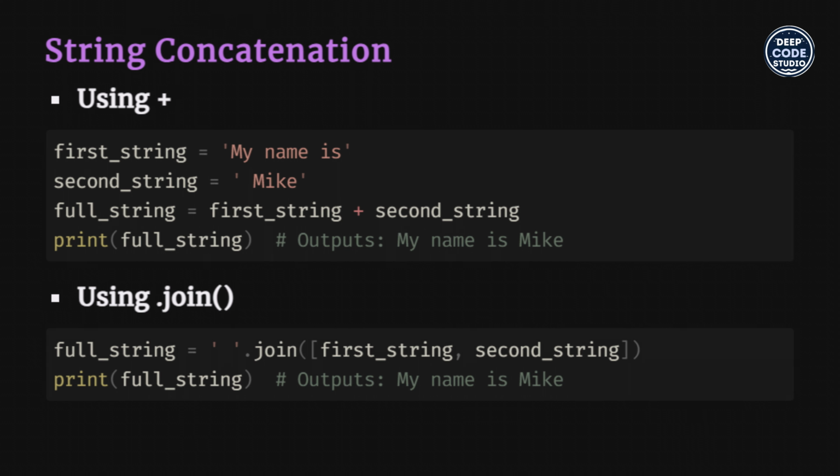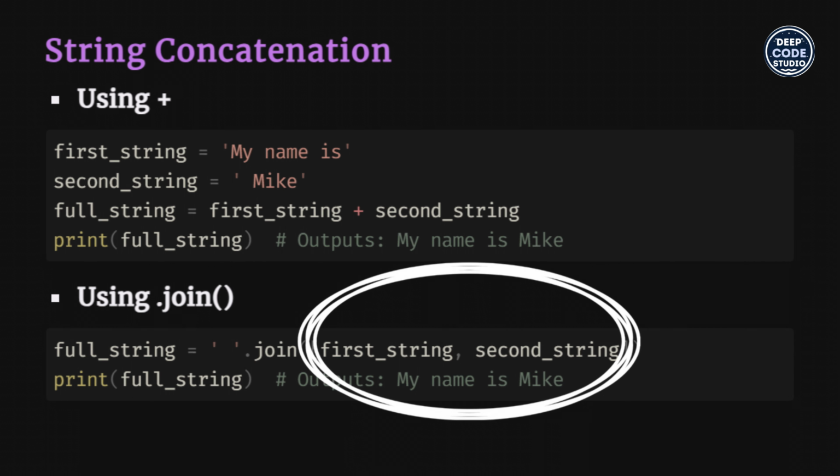Another way to concatenate strings is using the join method. You can specify how you want to join the strings first, and then you specify the join method using the dot operator, and then you specify a list of variables.